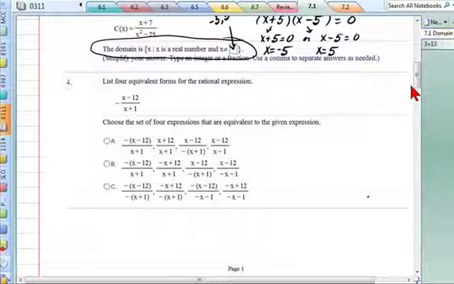I don't know that you can very easily write all this down to copy all this. It's a multiple choice question. It says, list 4 equivalent forms for the rational expression. Now, let me say this in general about rational expressions. Do you agree that a rational expression is going to have a numerator and it's going to have a denominator? Okay.